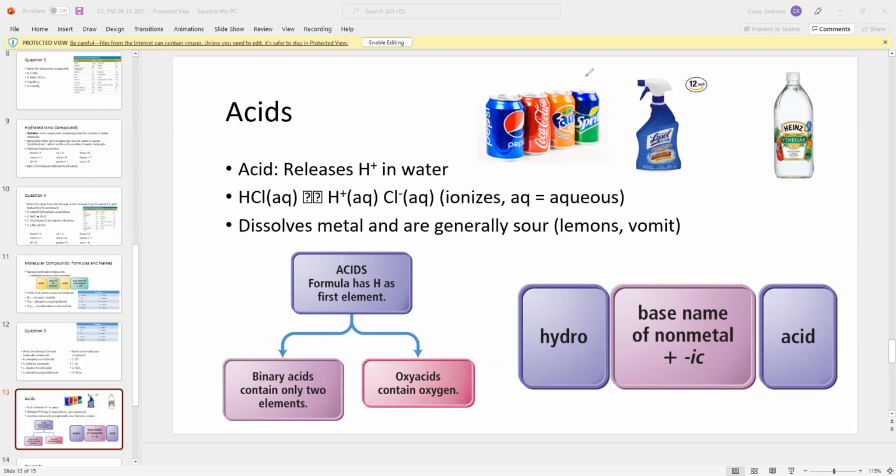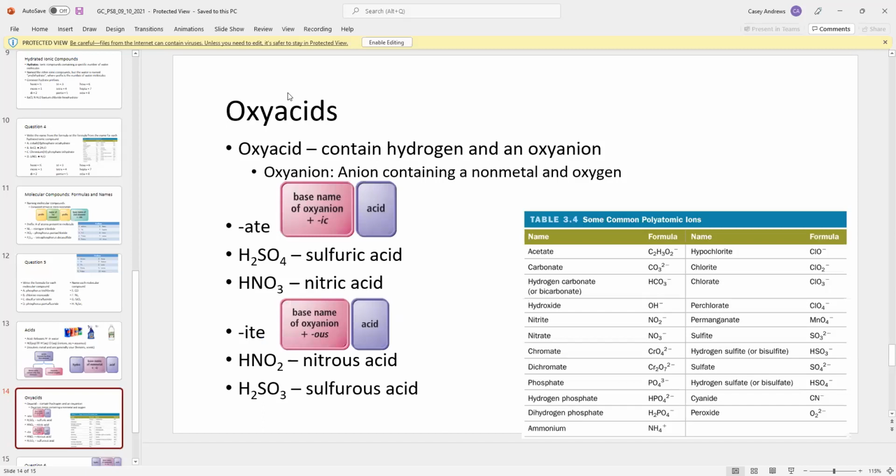If it's a compound that's not a binary acid, then it gets a little silly. But basically, if your polyatomic acid ended in an ate, so sulfate, it becomes ic acid.